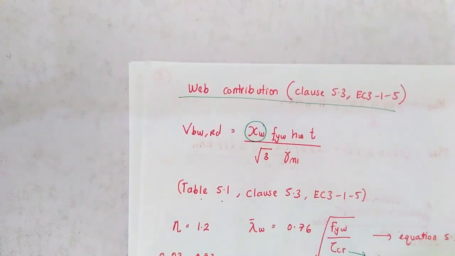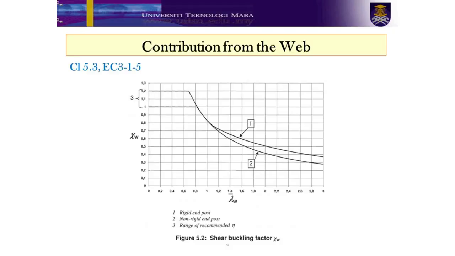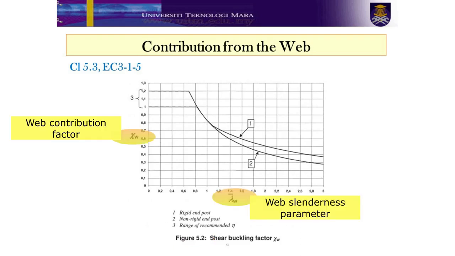Once you get those categories, you can refer to clause 5.3 EC3 part 1.5 figure 5.2. In this figure you can see there is a reduction factor and lambda W. Lambda W is the web slenderness ratio. You can see graph 1 represents the rigid end post and graph 2 represents the non-rigid end post.